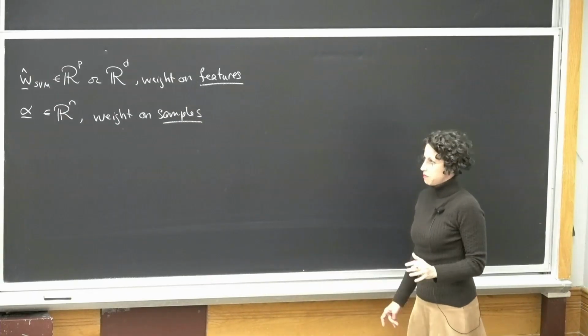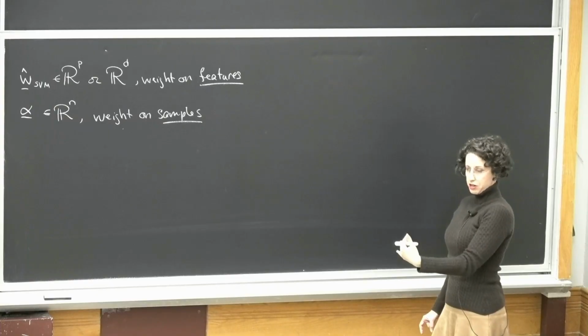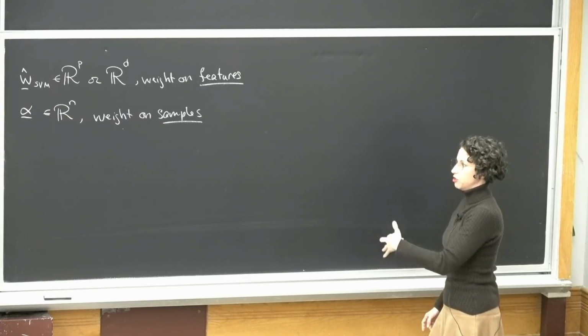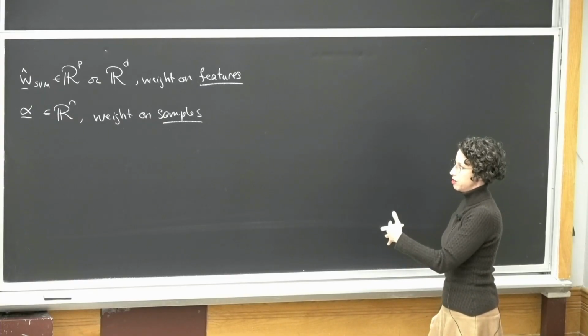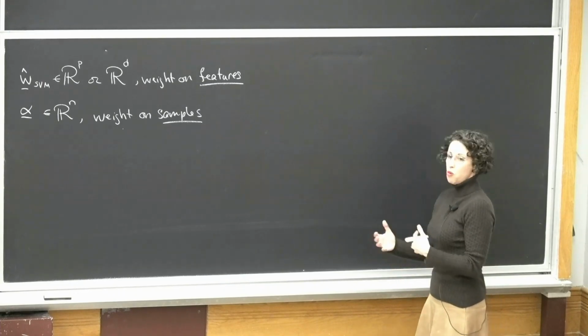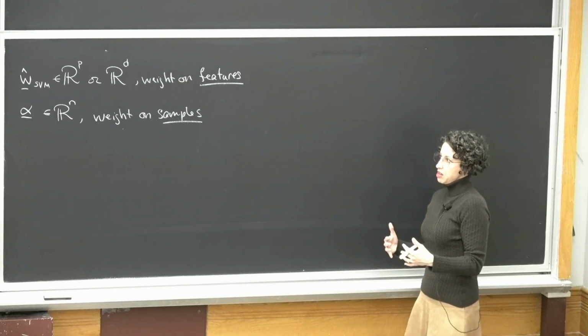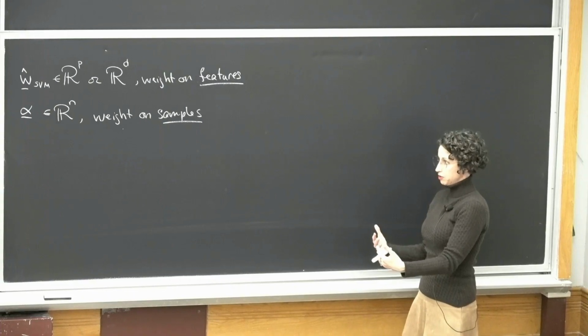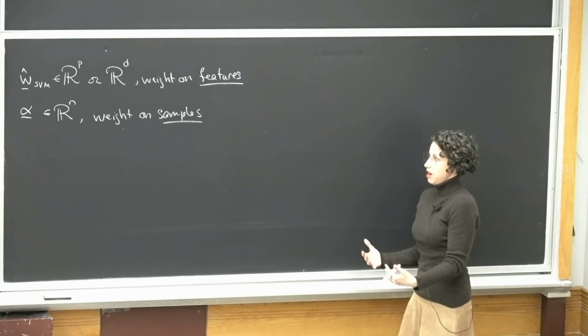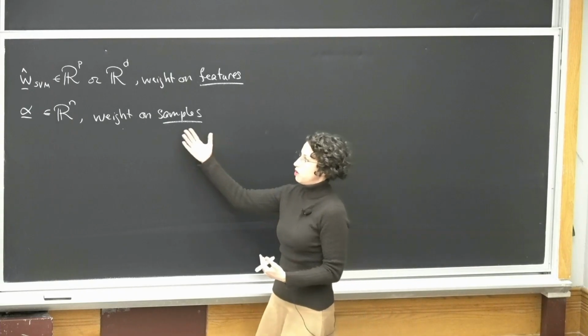And what we're saying here is that our predictor of a new label for a new feature vector is going to be a weighted sum of the labels of my training samples, and we're trying to figure out what those weights should be.